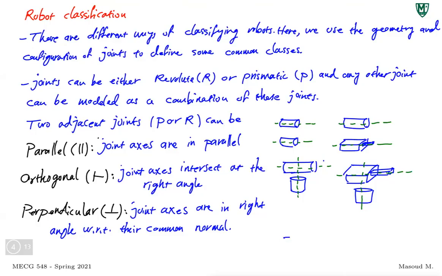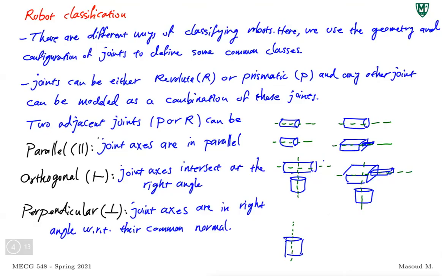Now, what I'm trying to say is that let's assume that we have this revolute joint. If this is the axis passing through this revolute joint, the other revolute joint is not exactly on top of this one. The other revolute joint is in a plane that is not on this plane. Let's say the other revolute joint is here.